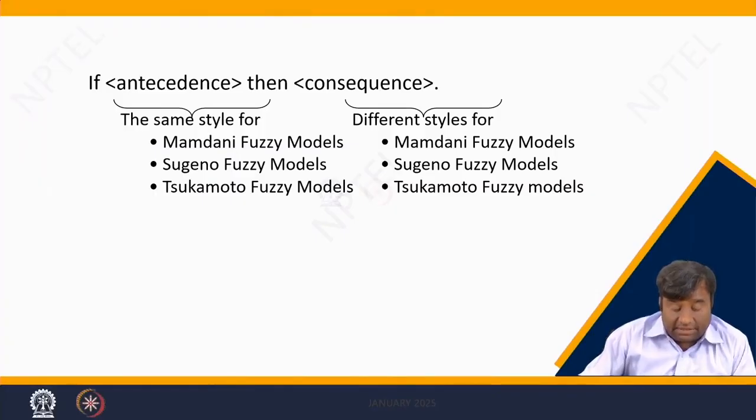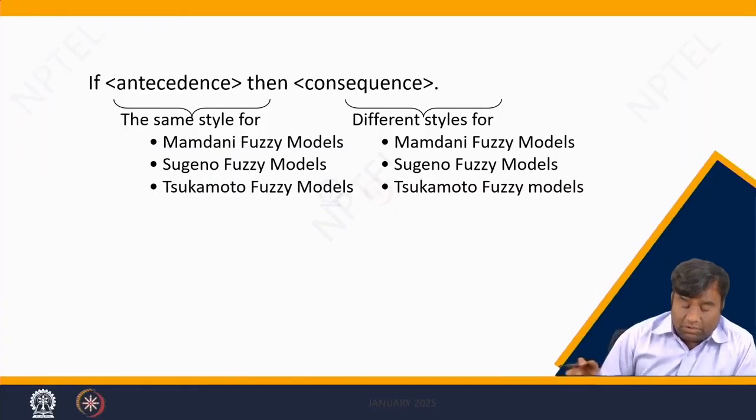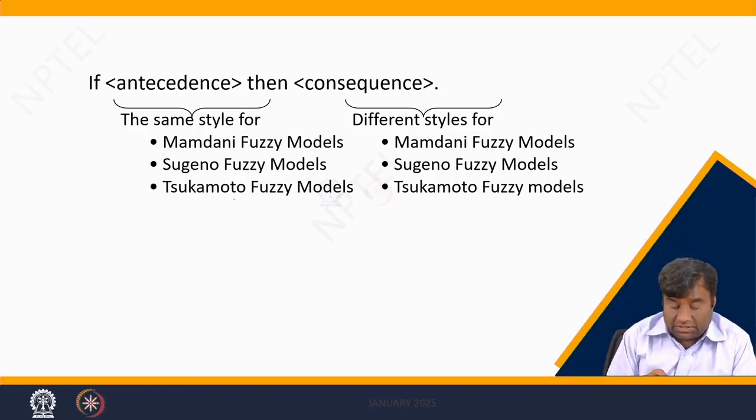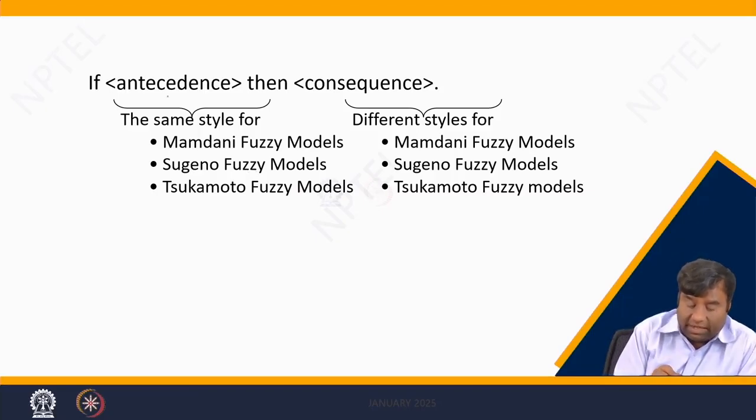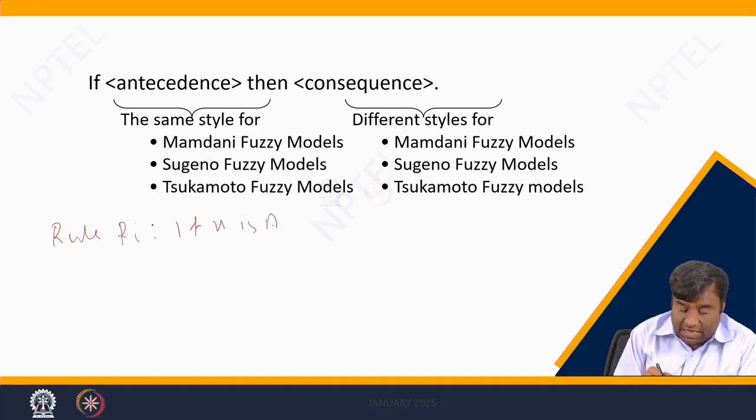So here for all the rules, that is the Mamdani fuzzy model, Sugeno fuzzy model, and Tsukamoto fuzzy model, the antecedent parts are almost the same. That is, rule Ri says that if x is Ai and y is Bi.